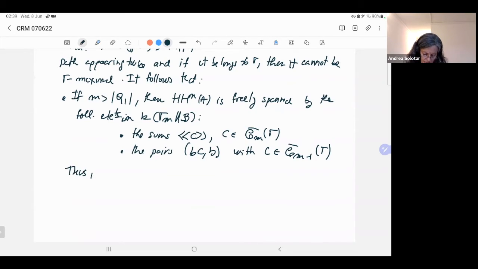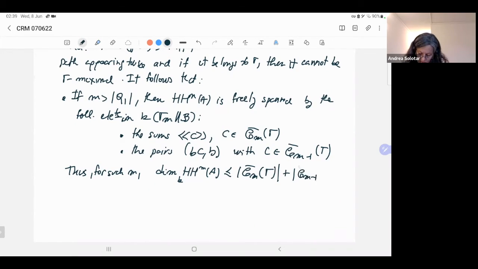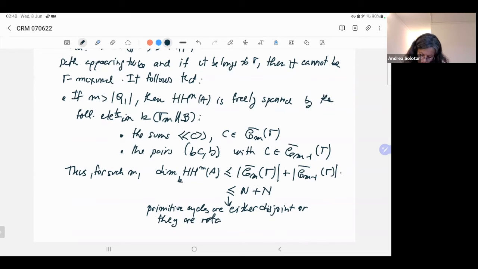So thus, for such an m, we have that the dimension of the K-vector space HH^m is smaller or equal than the number of elements in the first case, plus the number of elements in the second set, okay? And each of them is smaller or equal to N, okay? And this is because primitive cycles are disjoint rotations of the same.